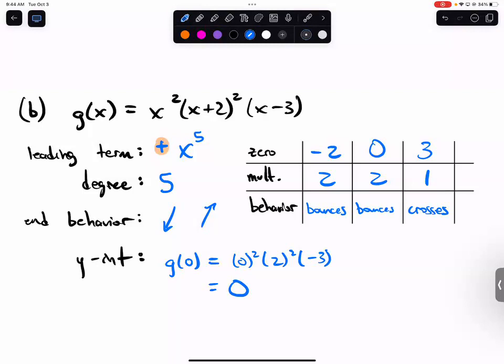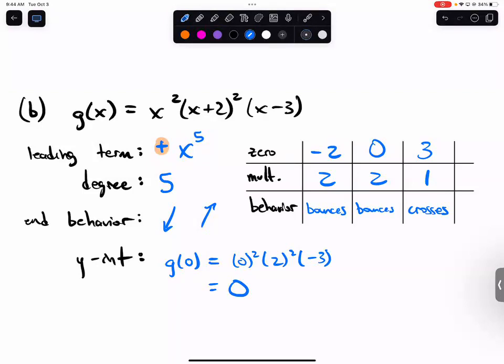For odd ones, if the multiplicity is higher, like say 3, an example is a cubic that has a 0 with multiplicity 3. What does it do at its intercept? It flattens out as it crosses. It slows down, crosses, and starts speeding up as it moves away.